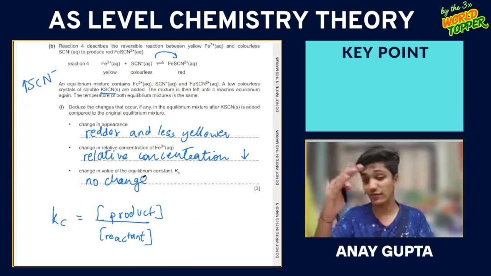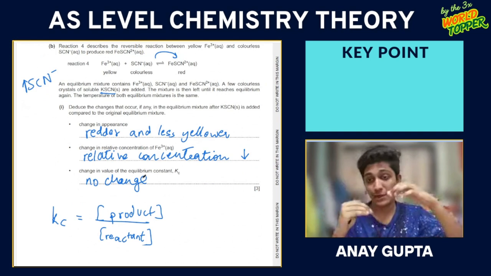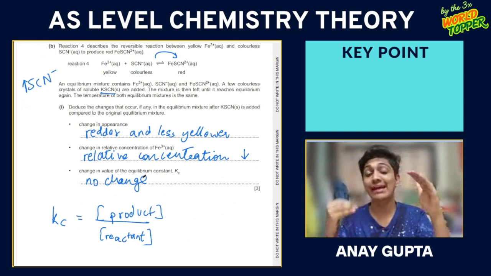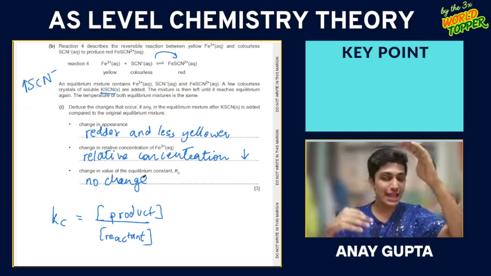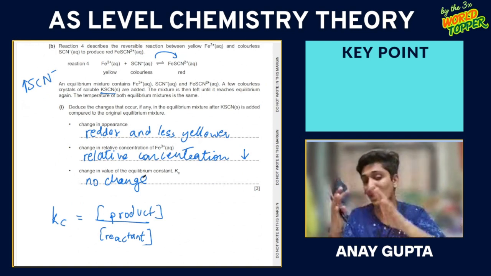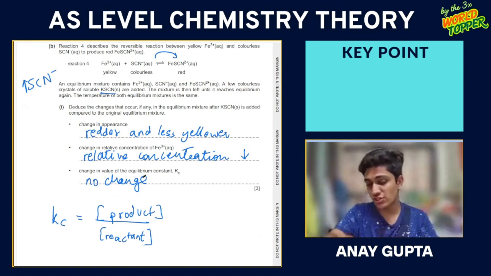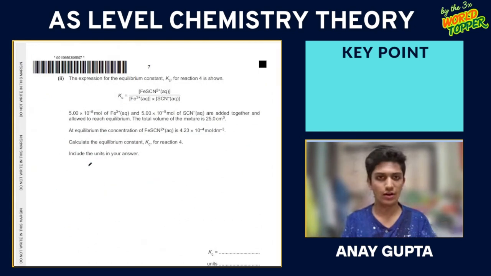The relative concentration of Fe3+ is reducing, but the relative concentration of SCN- is increasing, so they change in such a way that Kc remains the same. The expression for the equilibrium constant Kc for reaction 4 is shown.